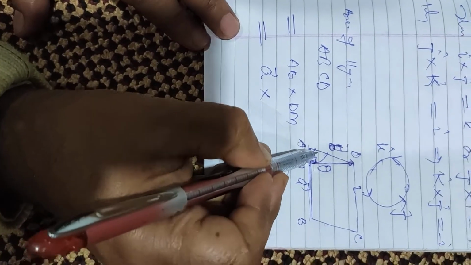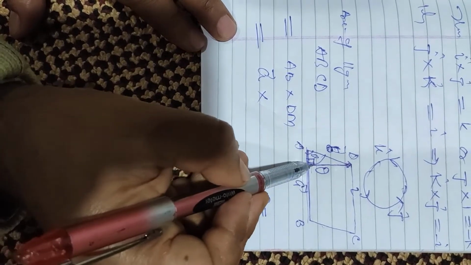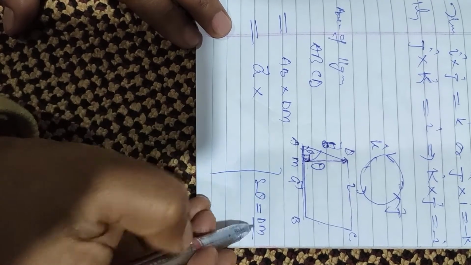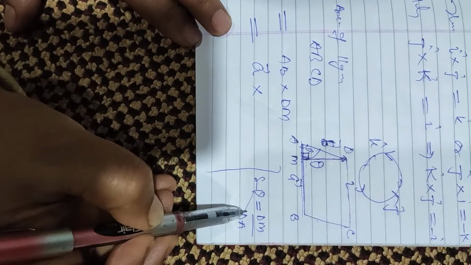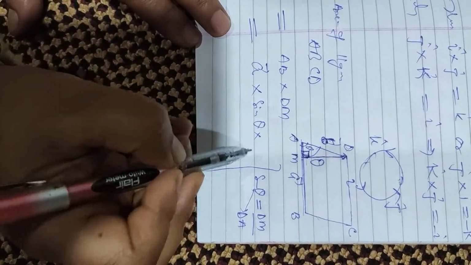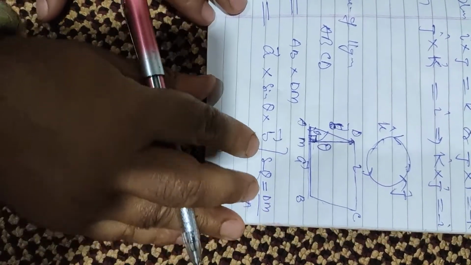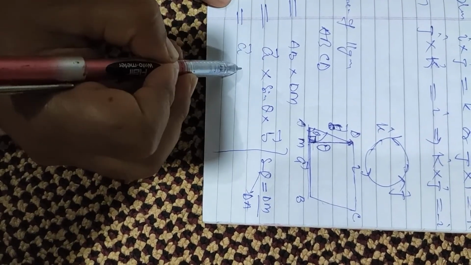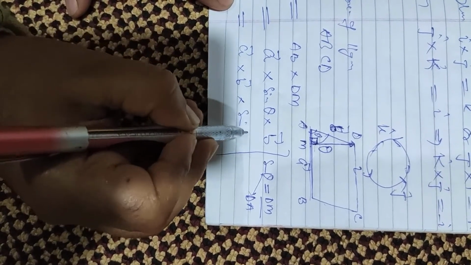Here this is an angle theta. Sin theta is equal to perpendicular by hypotenuse, this is DM by DA. Means DM is equal to sin theta into DA, and DA is b vector. So the area is a into b into sine theta.